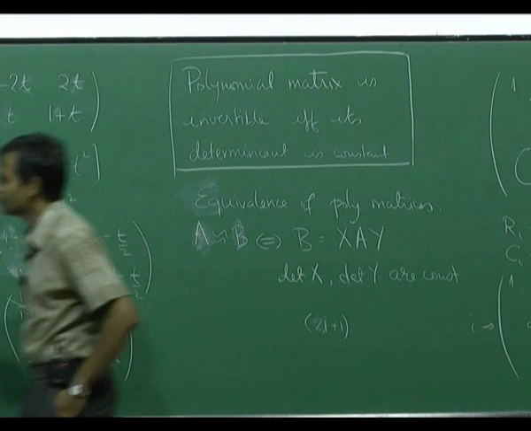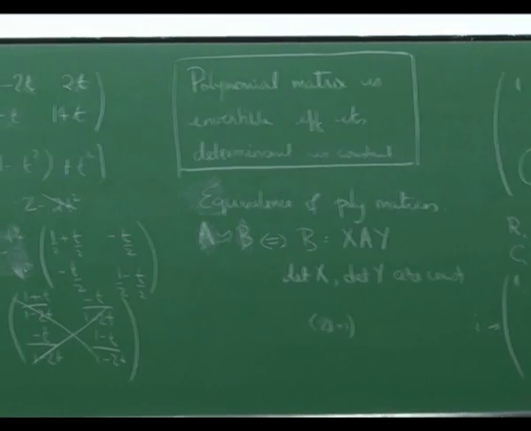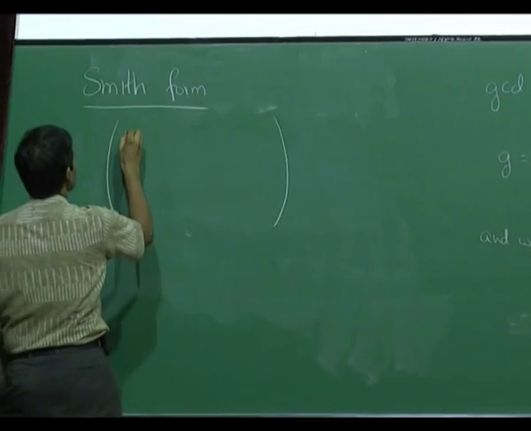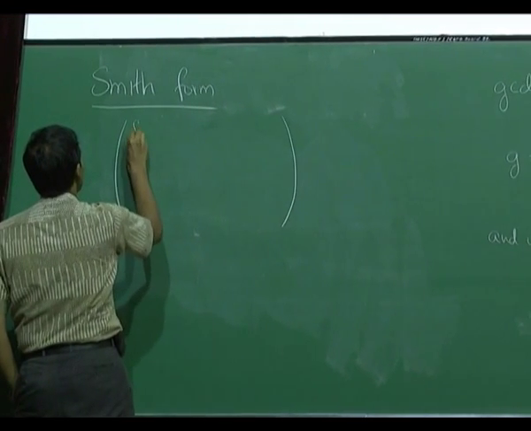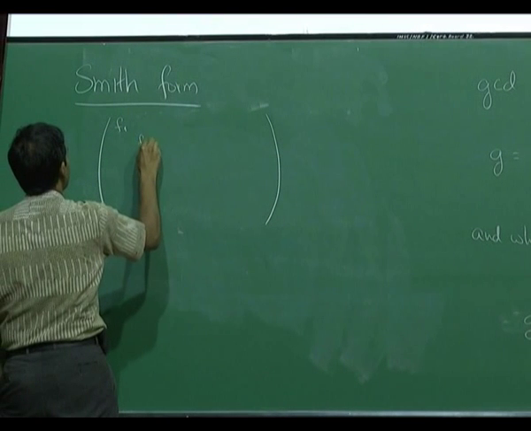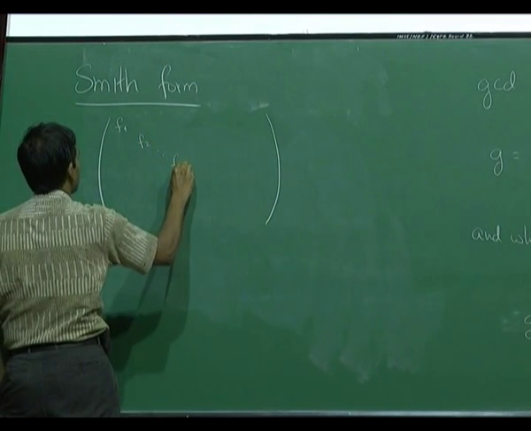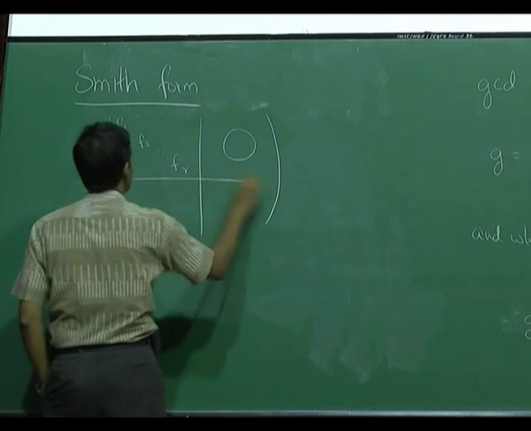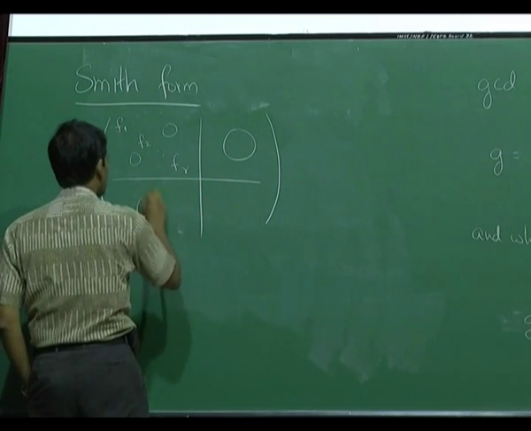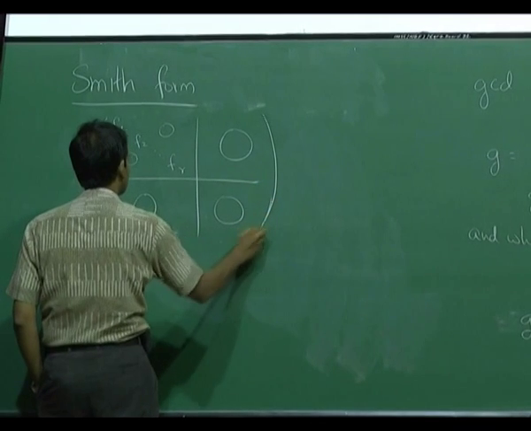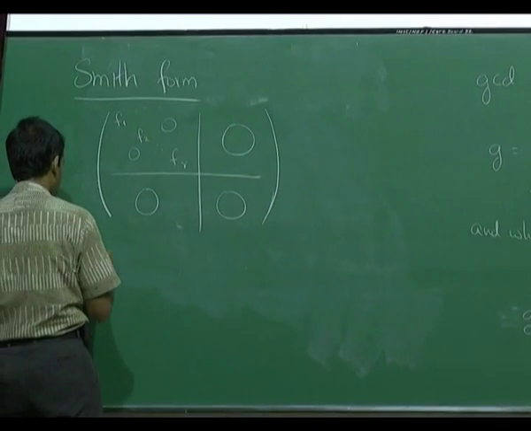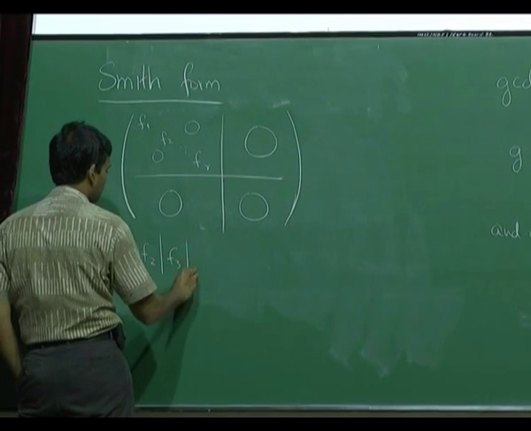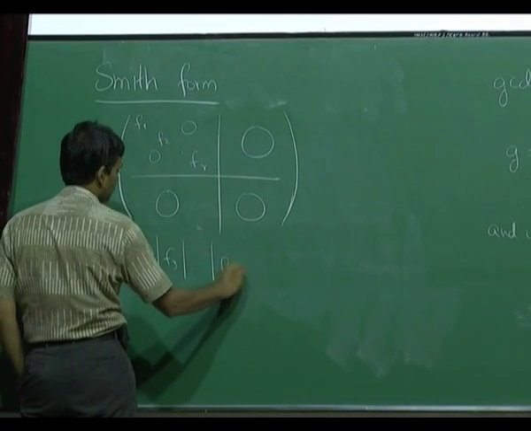So you can't expect to get ones here, but what you can do is get some polynomials f1, f2, up to fr, and then the rest will be 0. And you can do it somewhat cleverly in such a way that f1 divides f2, f2 divides f3, and so on up to fr.